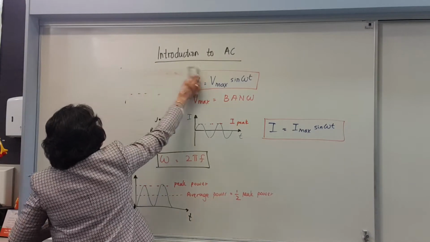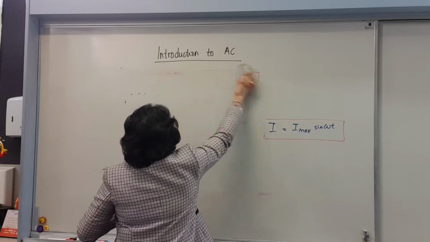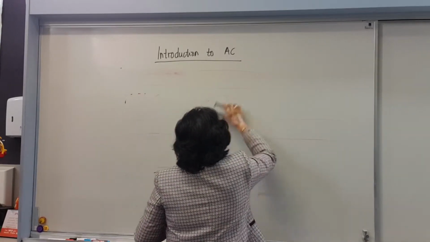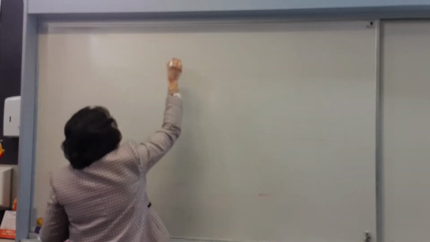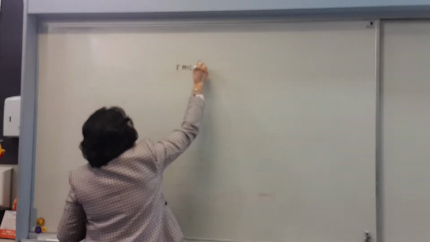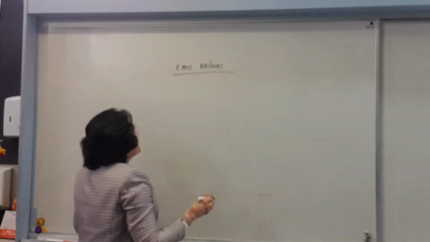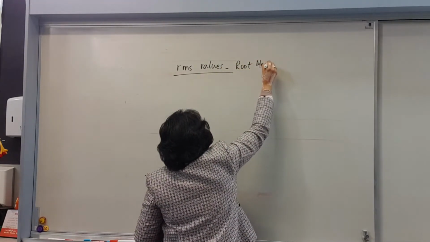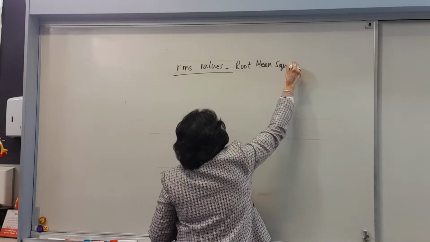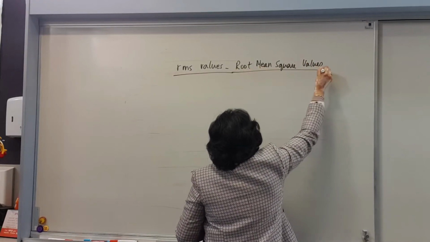So let's just look at the root mean square value. So the root mean square value is the equivalent DC value which gives the same power output or which has the same heating effect. So RMS value stands for root mean square values. That's what this stands for. Okay?